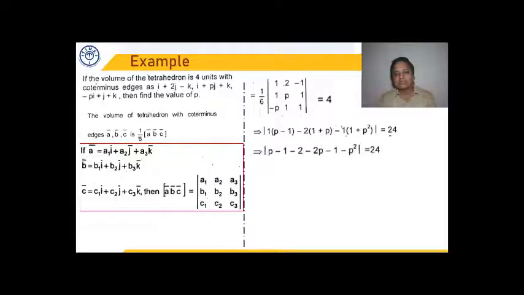This becomes p minus 1 minus 2p minus 1 minus p square. It's minus p square minus p minus 4. And we had a modulus sign equal to 24. So we write p square plus p plus 4 is equal to plus minus 24. We are taking both the conventions, up and down also. So both plus minus we take.